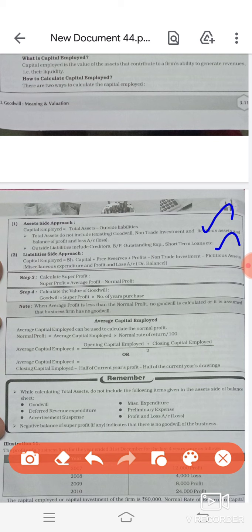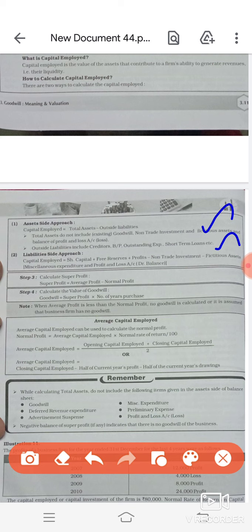When we are calculating the capital employed through the liability side approach, we have to include the share capital in the liability side, and if there are any reserves and surplus, and any profit, we have to add all the amounts, and the assets which are not taken into account in the asset side have to be subtracted. That is non-trade investment and fictitious assets. Fictitious assets means miscellaneous expenses and profit and loss account debit balance, that is the asset side balance.